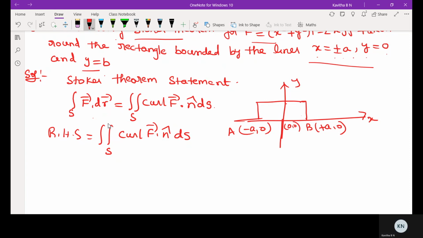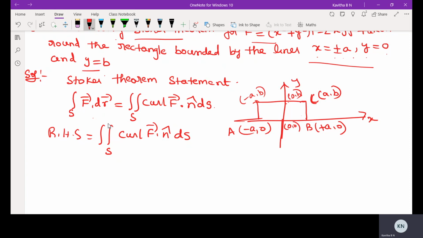Then here we write a comma b, this point is 0 comma b, and this point is minus a comma b.